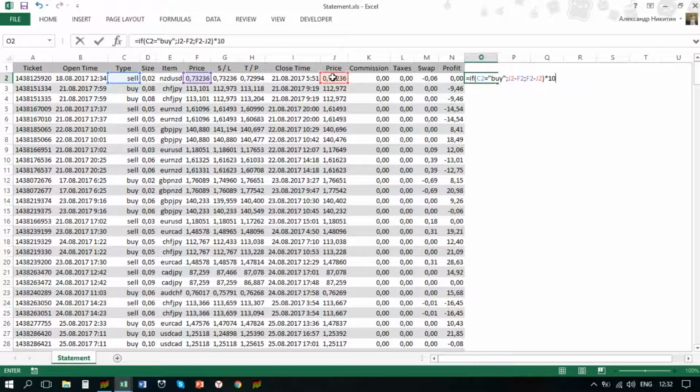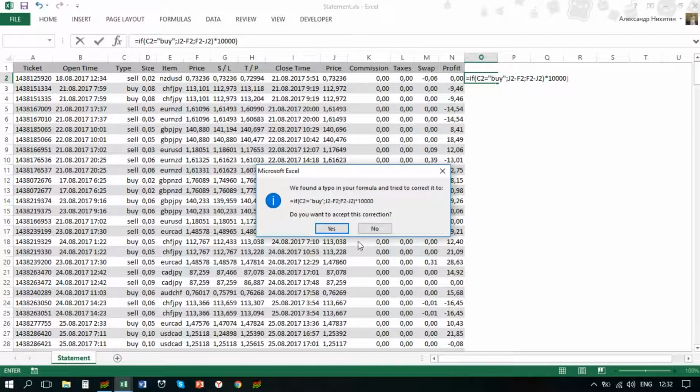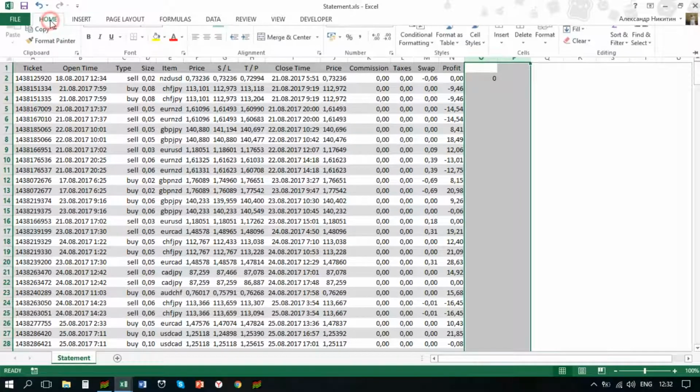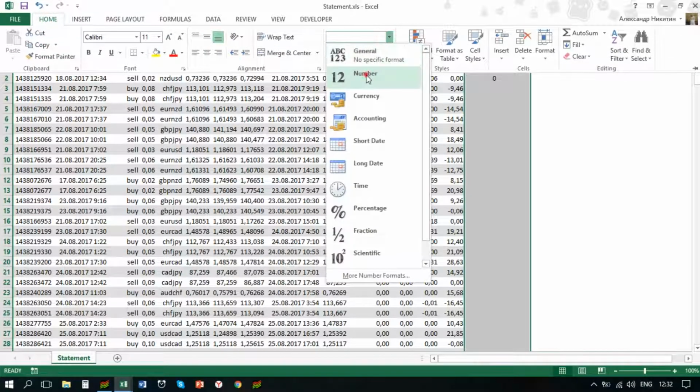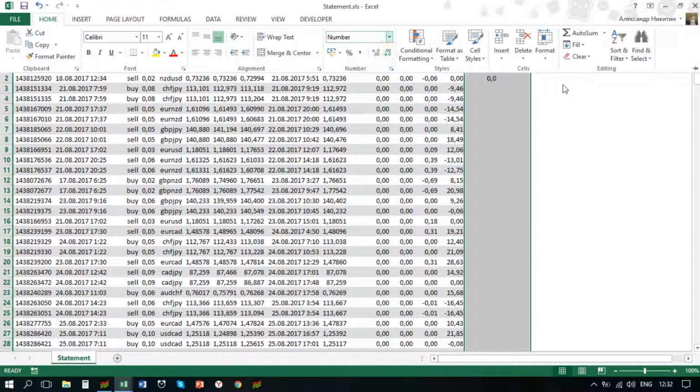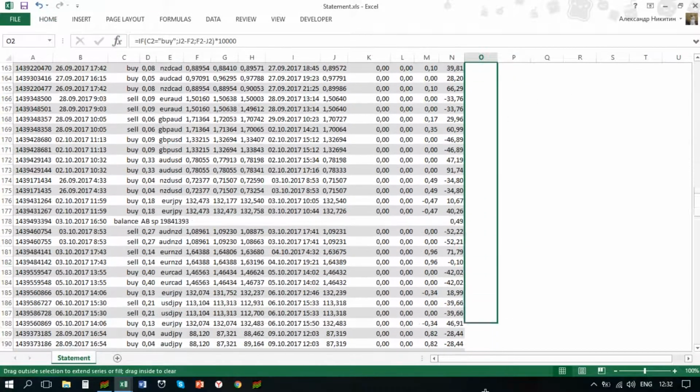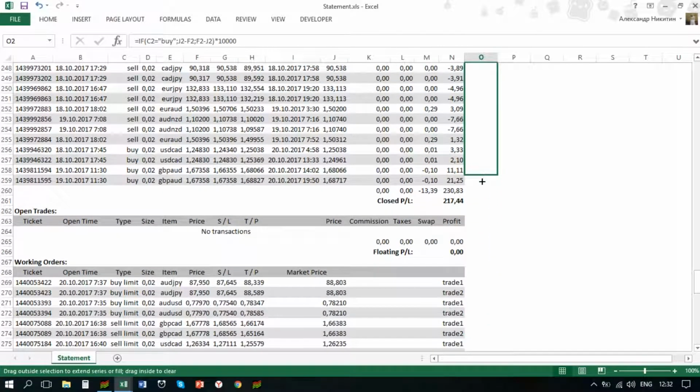Multiply by 10,000. Let me turn them into numbers. Number. Okay, done. Copy the formula to other cells.